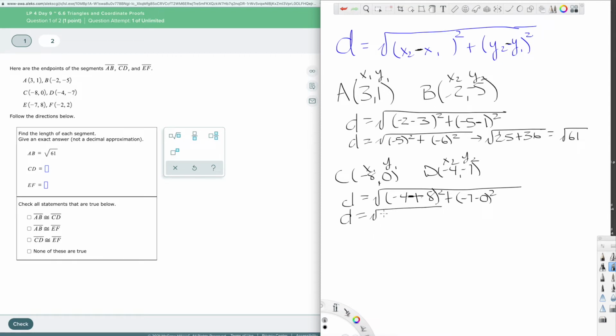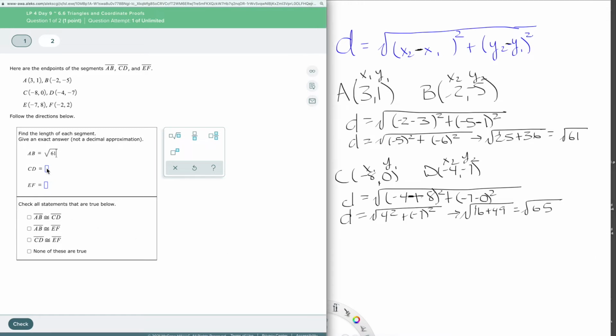So I have 4 squared. -7 minus 0 is -7 squared. So now 4 squared is 16, and -7 squared is 49. So let's see, 6 plus 9 is 15, then 4, 5, 6, so that's 65. So again, no square root there. So I'm going to have 65.